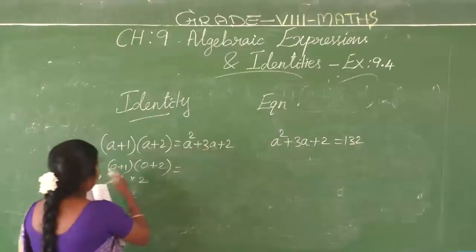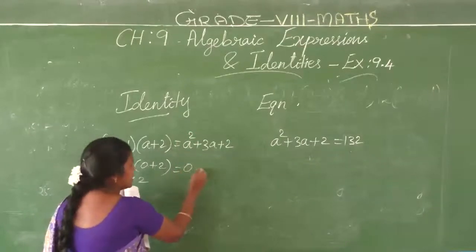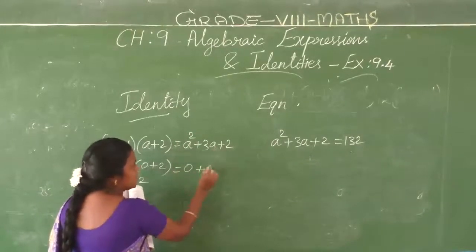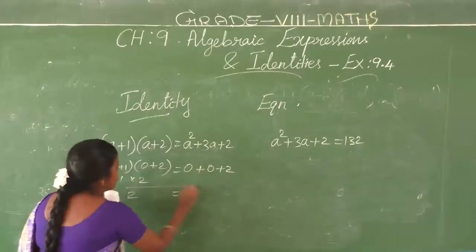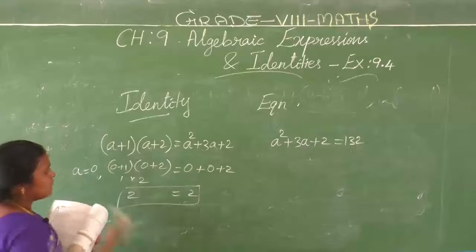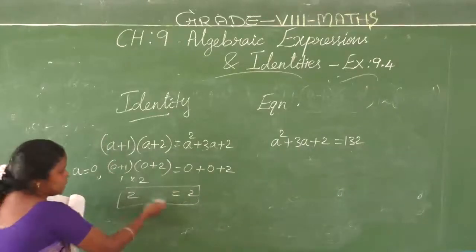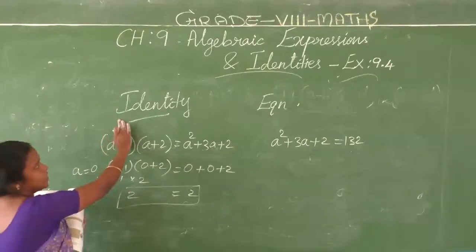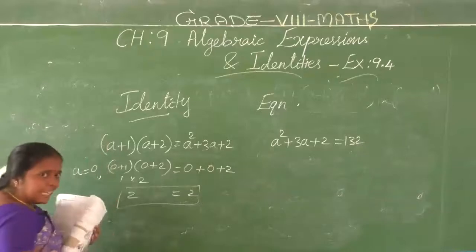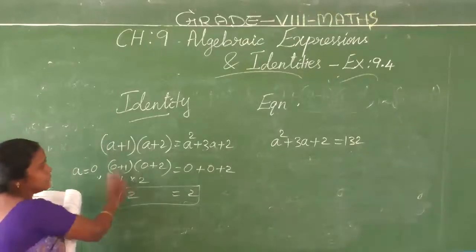Here a square, with a value 0, a square is 0, 3 into 0 is 0, plus 2. The final answer at the right hand side is also 2, coming correctly. So whatever value you give for the identity, it shows equality. That is why we state the identity definition: an identity is an equation which is true for every value of the variable in it.